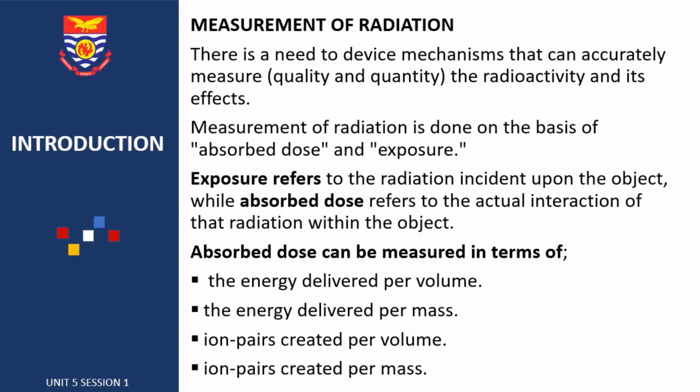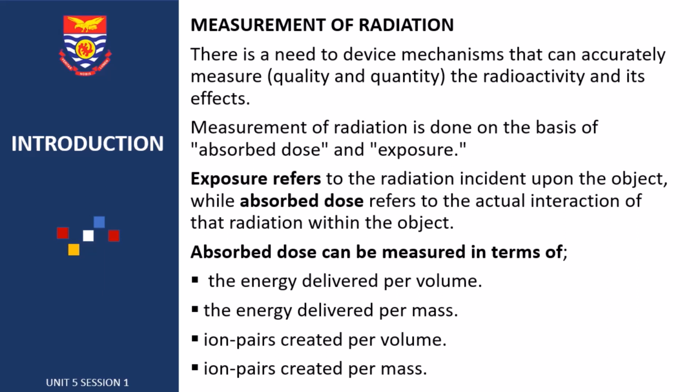There are various types of equipment that are employed in the measurement of radioactivity, and each makes use of different principles. Each has its limitations, which account for preference for others.